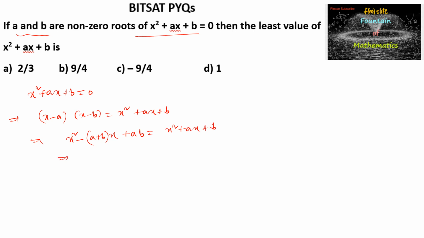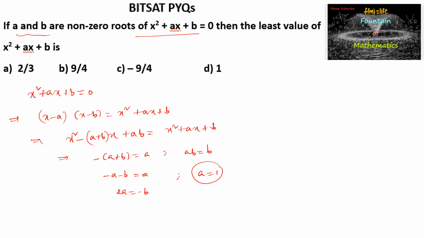So we can consider here minus of a plus b is equal to a and ab is equal to b. That is negative a negative b is equal to a, which implies 2a is equal to negative b, and here a is equal to 1.